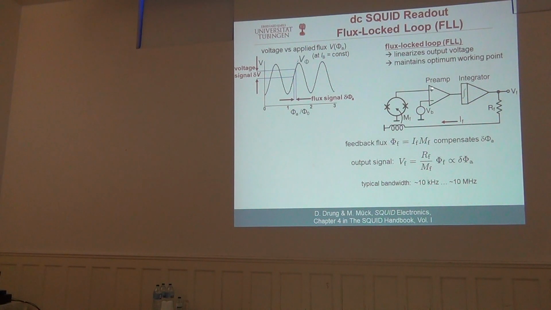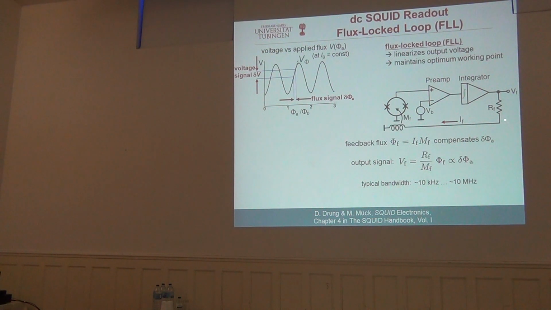This voltage change is compared to your bias voltage, where you want to operate the SQUID, then amplified, integrated, and fed back via a feedback resistor and a feedback coil with some mutual inductance to the SQUID. So any deviation from your working point produces a feedback flux, which compensates your applied flux.